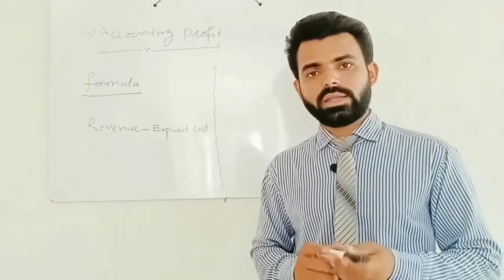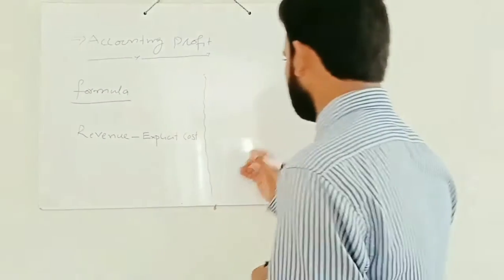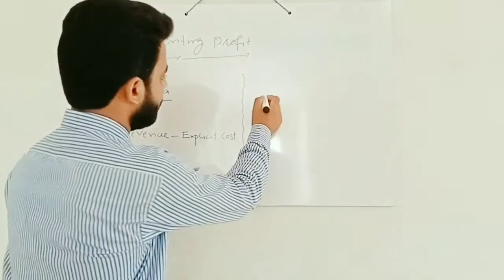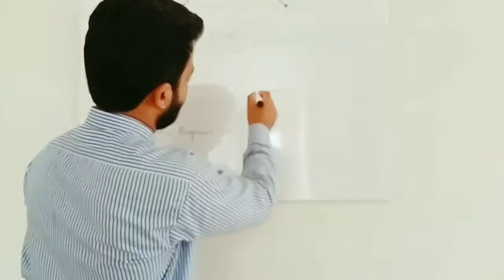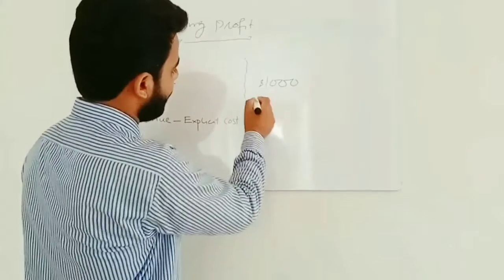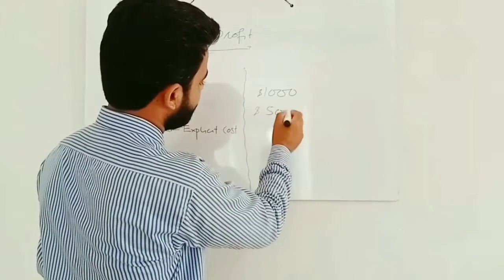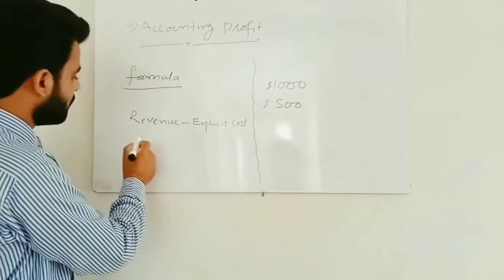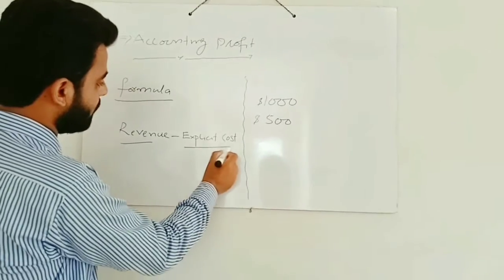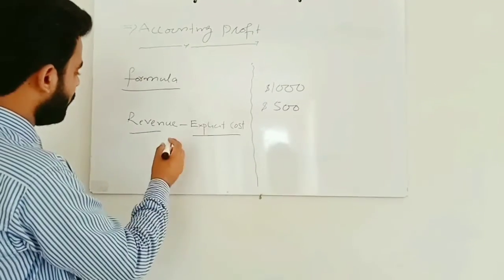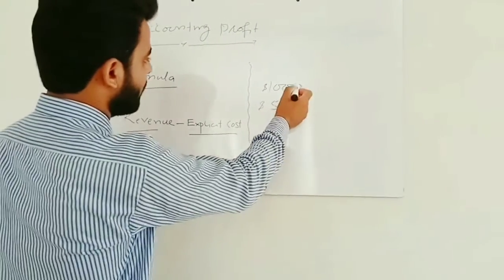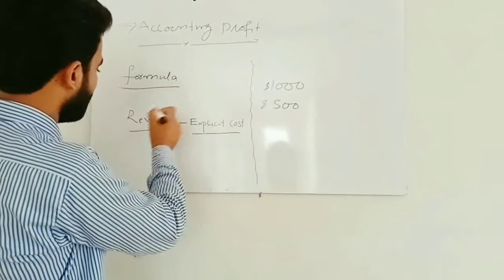Suppose the company has earned $1,000 as revenue and they have expenses of $500. Applying this formula we can calculate accounting profit. We have to deduct the explicit cost from the revenue.